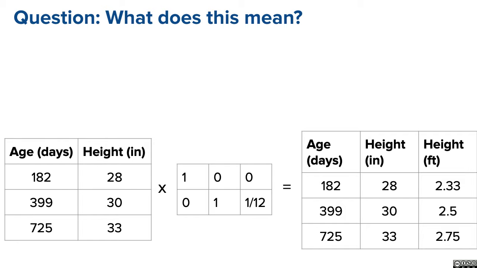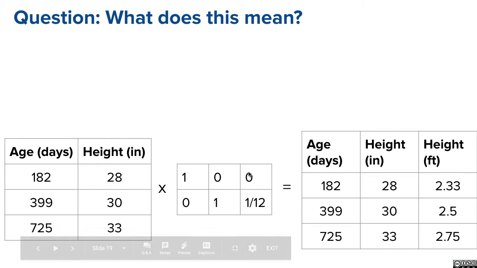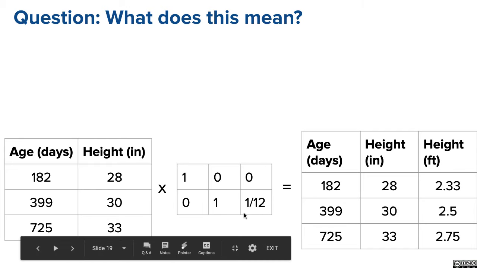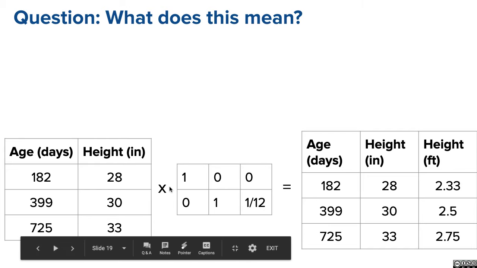The reason I can say that is because right here is what we call the identity matrix, which keeps the original data the same for the most part. And I have one more column on my operations matrix that says take 0 of the age column and 1/12 of the height column and add them together. So this essentially says my third column in my resulting matrix will be 1/12 of the second column in this matrix.